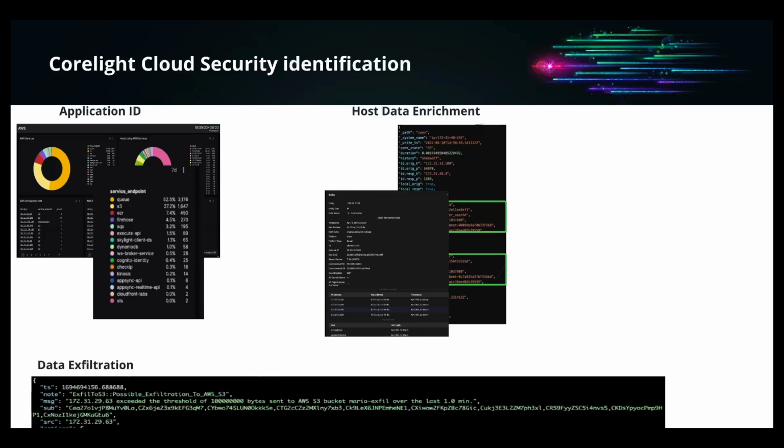And from a security perspective, Corelight is highly effective at detecting attempts to steal data, which is a very big problem, especially in cloud environments. By analyzing network traffic patterns, Corelight can pinpoint unusual data transfers that might indicate data exfiltration.